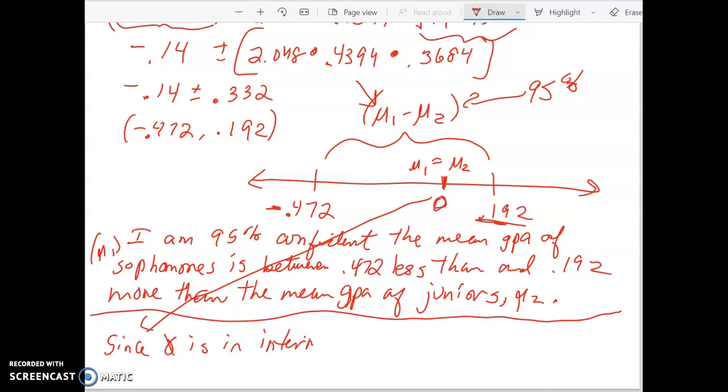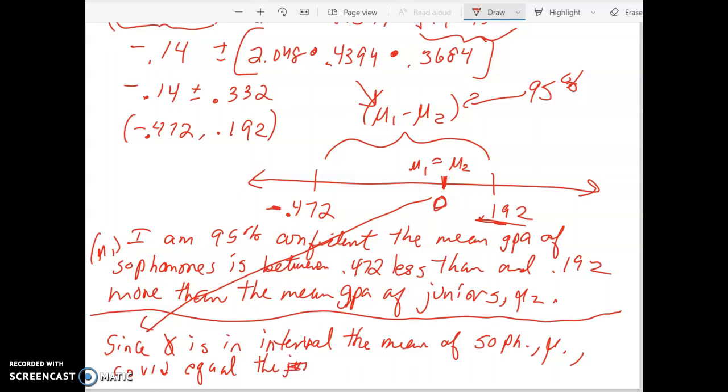that means the mean of sophomores, or mu1, could equal the mean of juniors, since it's in the interval.